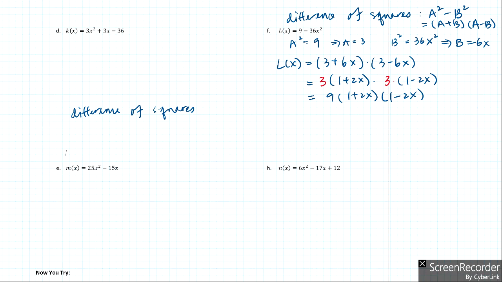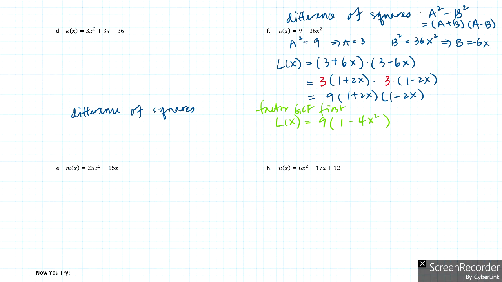And I'm going to just show this alternative method in the solution as well. In this case, if you recognize the GCF was 9 to start with, you would want to factor out the 9 as GCF. And with this, you would be left with 1 from the first term and negative 4x squared from the second term.